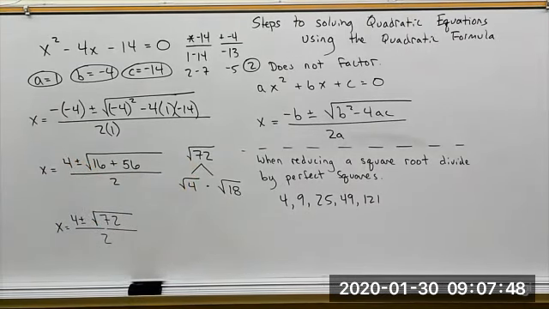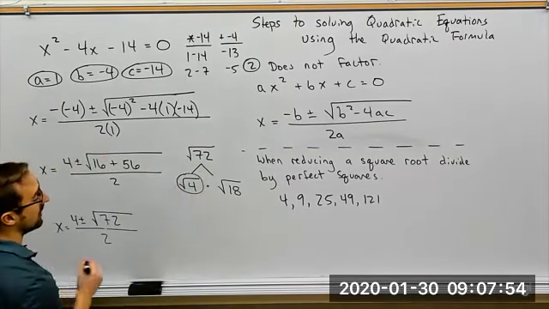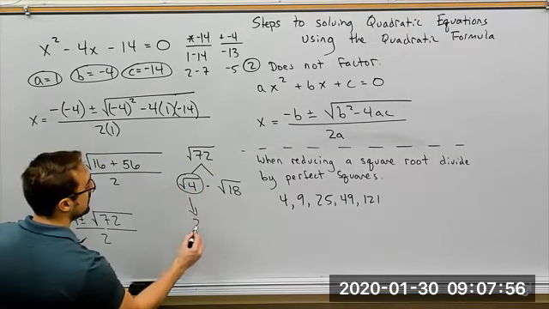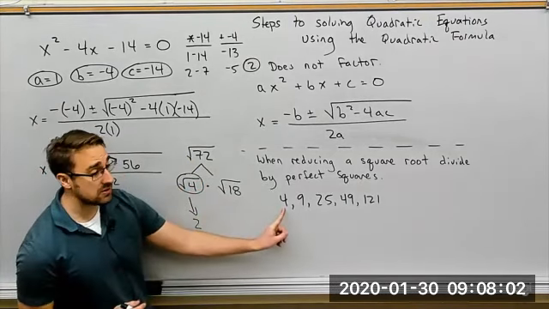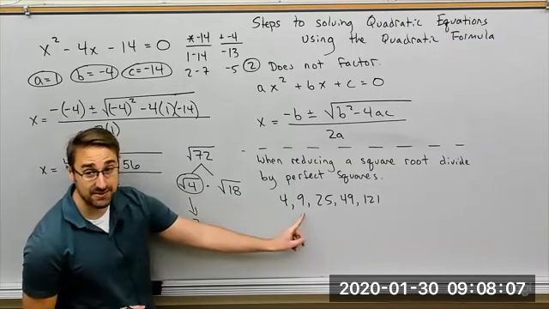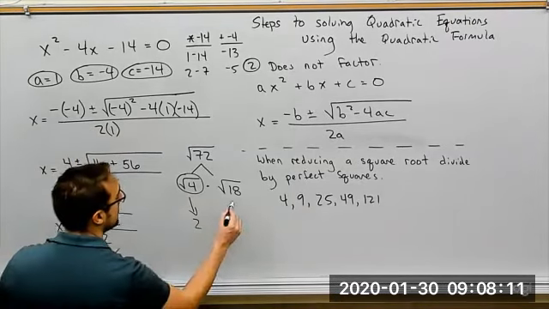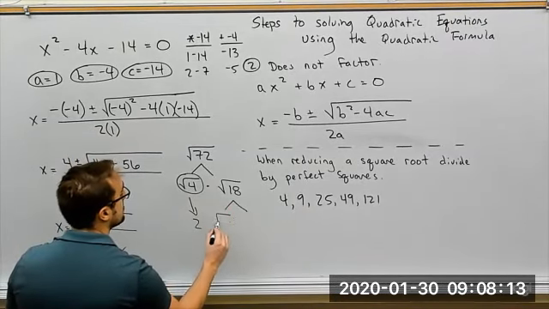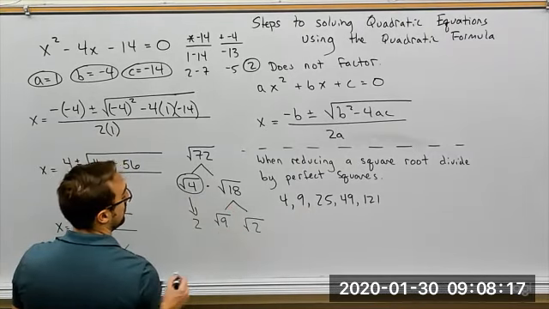Square root of 72 is the square root of 4 times the square root of 18. Now, what's nice about the square root of 4 is we know the square root of 4. The square root of 4 is 2. Okay, so we can reduce that. Now, 18 is not divisible by 4, but 18 is divisible by 9. So the square root of 18 is the square root of 9 times the square root of 2.